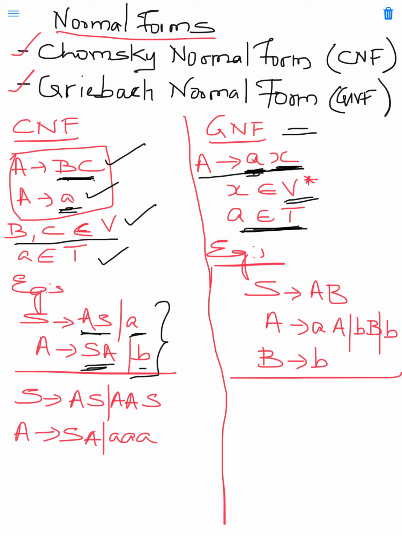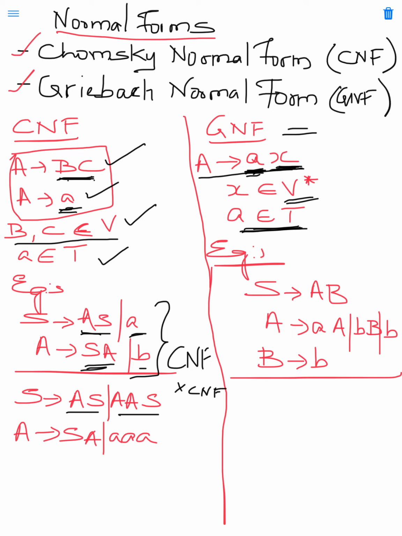So what does it mean? It belongs to CNF. Next, see the next example. Here two non-terminals are on the right hand side, but in the next production it has three non-terminals, which means that it doesn't belong to CNF.